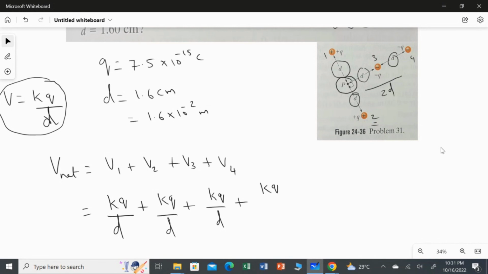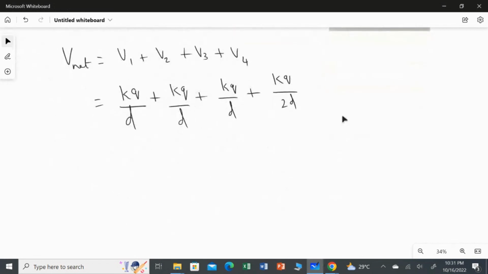So KQ over 2D. Now I have to simplify this equation. I'm going to take 2D as the LCM, and here you will get 2 times Q. I'm going to take the common term K outside. So 2Q plus 2Q.